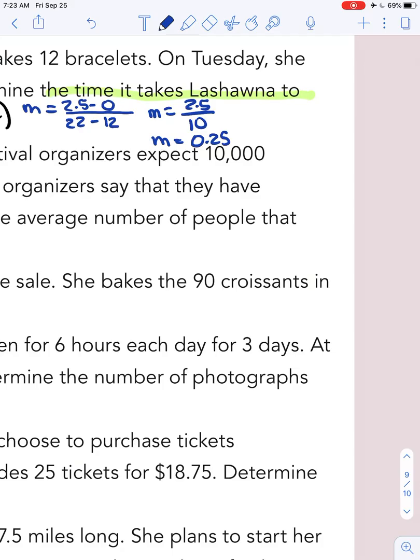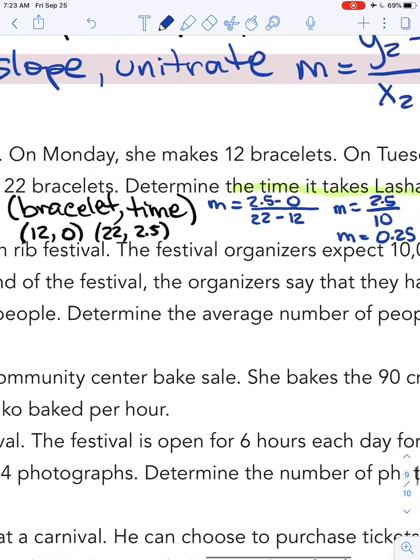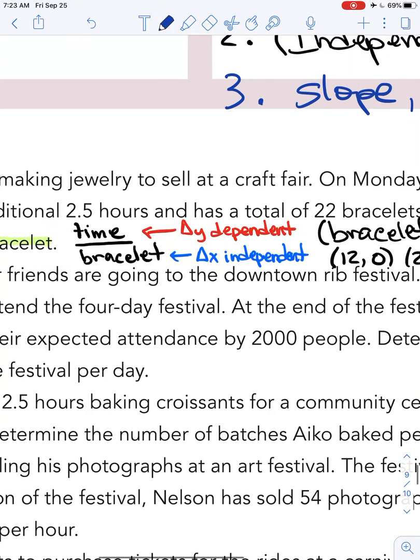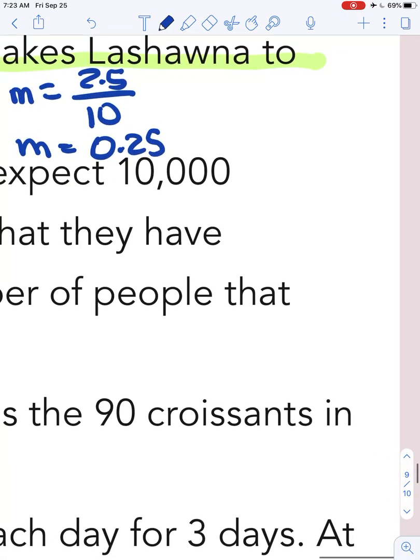Now, I accepted the answer. This is talking about hours, boys and girls. If I look at this, this was taking hours to do. Do we really talk about 0.25 hours per bracelet? I mean, come on guys, we don't really talk about that in hours.